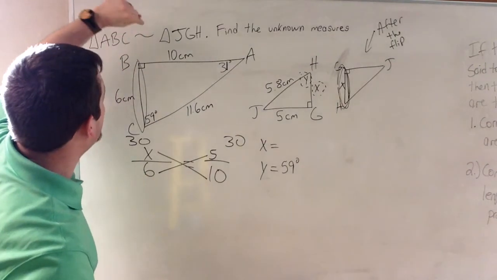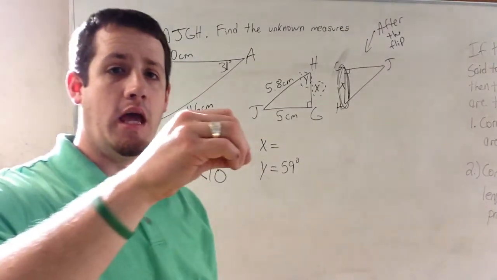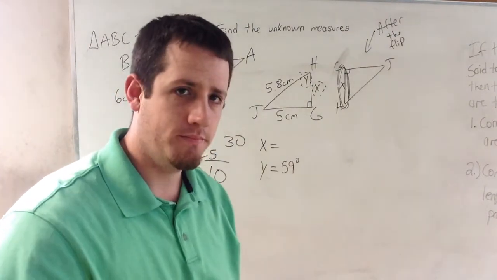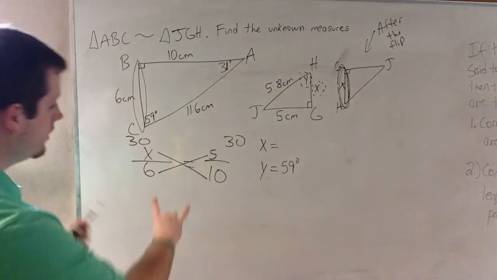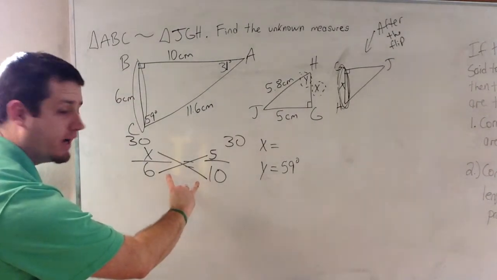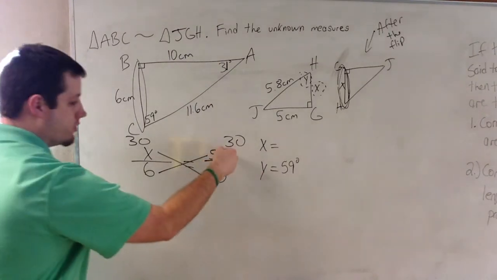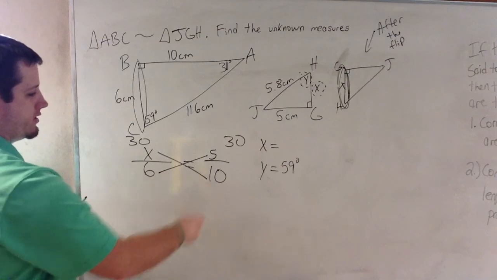Because I'm told it's similar. I know it's similar. So if it's similar, the corresponding side lengths are proportional. And proportional means two equal ratios. I did corresponding over corresponding. I got small triangle, big triangle, big triangle. So everything checks out.